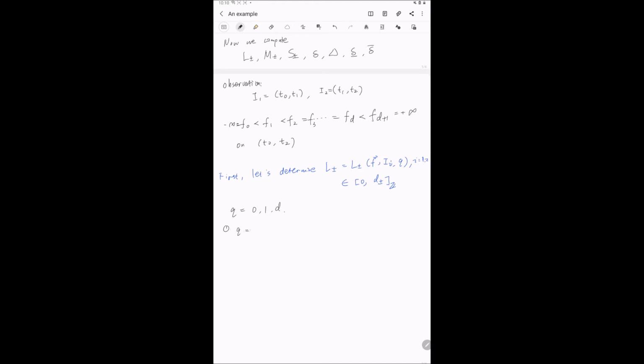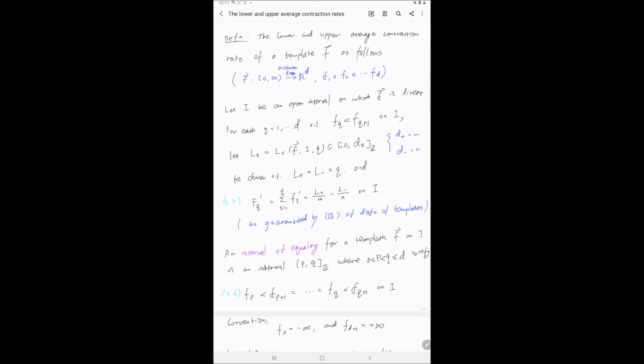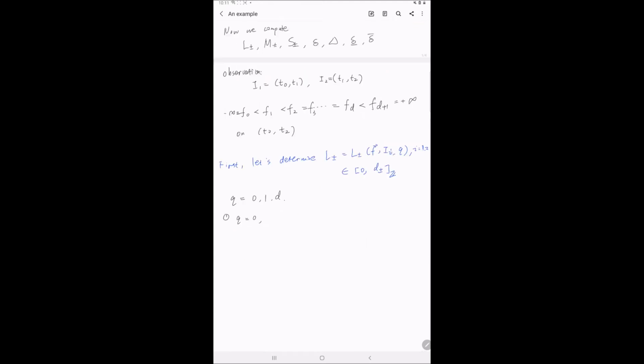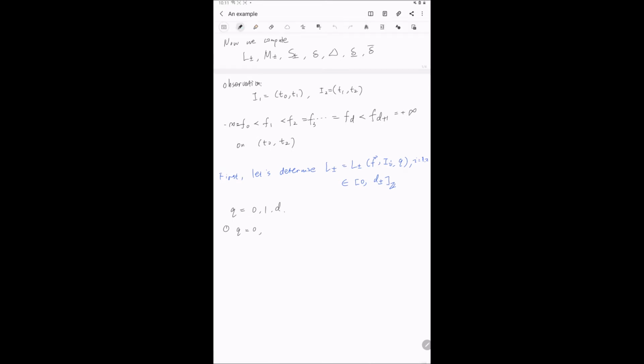First, if q is equal to 0, then by our definition for L plus and L minus, remember, by our construction, L plus and L minus is determined by a system of two equations, and what you need to do is to solve those two equations. In our case here, the first equation will be L plus plus L minus, which is q, equal to 0.